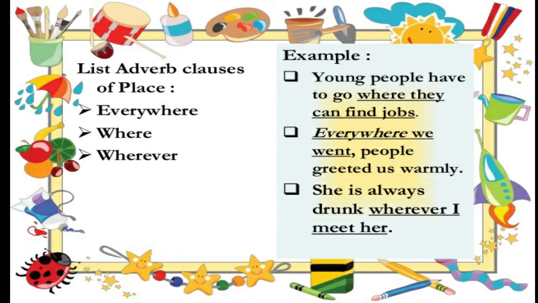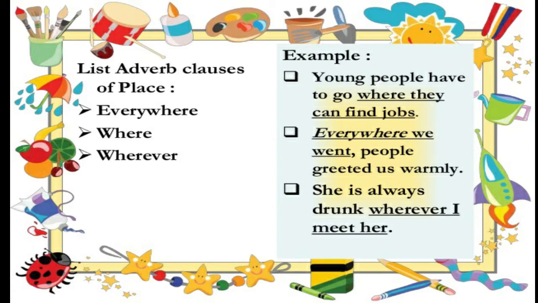Now let's see some adverbial clauses of place. Young people have to go where they can find jobs. Where they can find jobs is an adverb of place. Where, adverbial clause, it is a dependent clause. The next one we have, everywhere we went, people greeted us warmly. People greeted us warmly is the main clause.